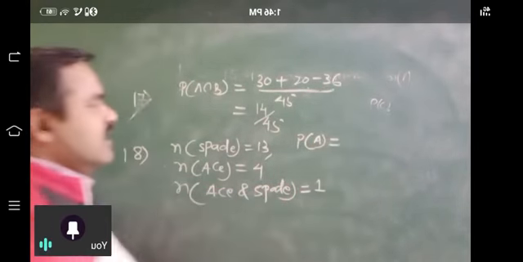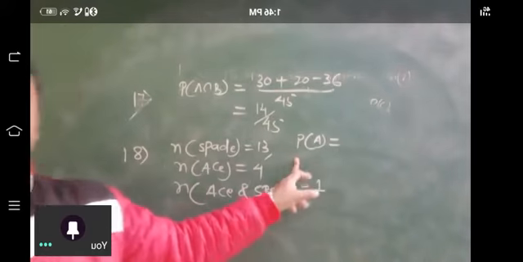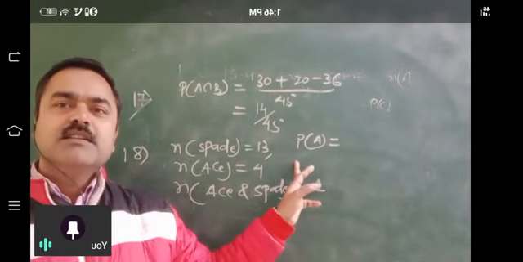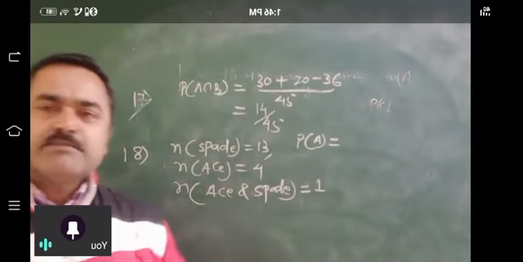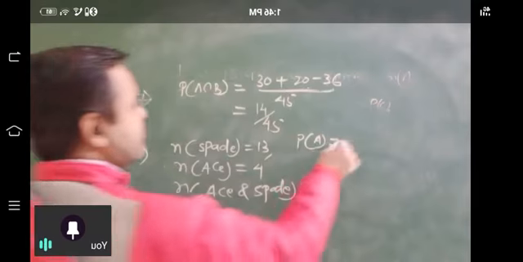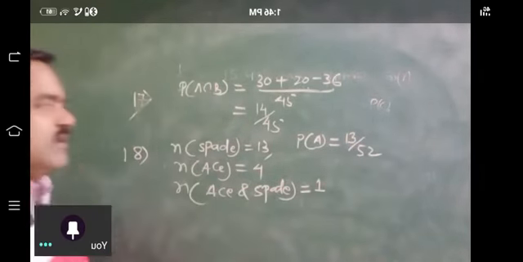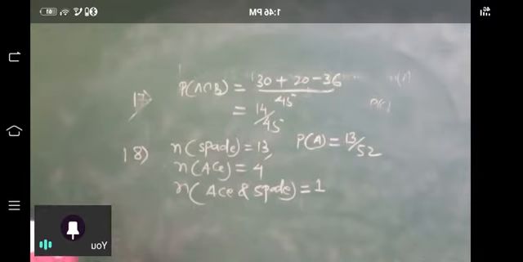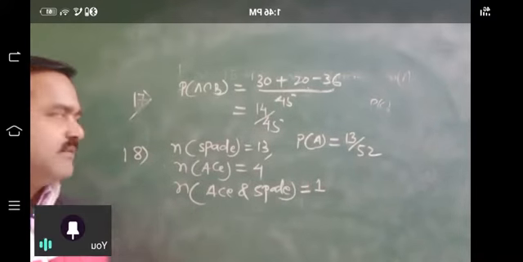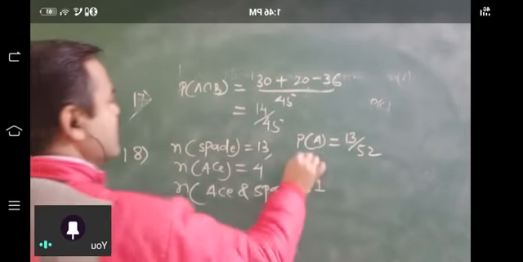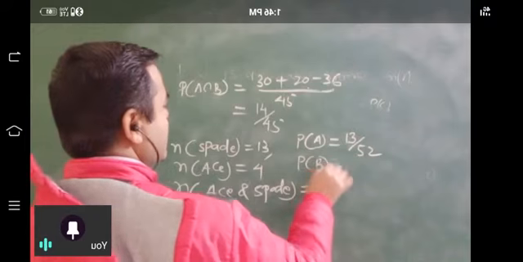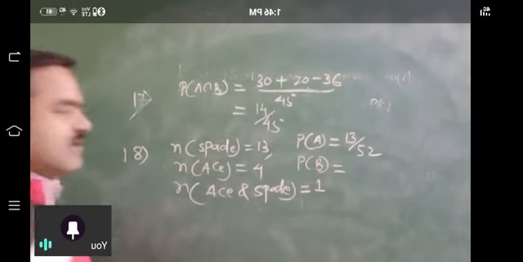Suppose that P(A) is the probability that the one card drawn is spade. So the favorable outcomes are 13 divided by 52. This is the probability that the card drawn is spade. Now, what is the probability that the card drawn is ace?